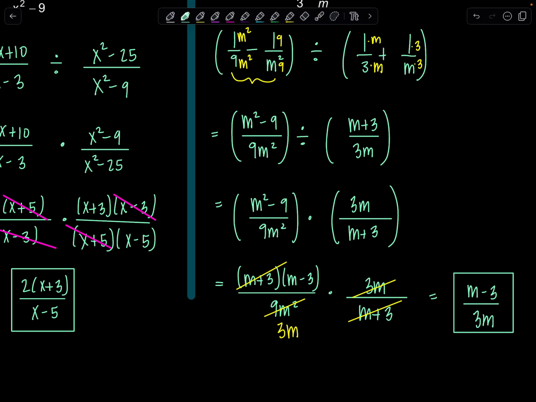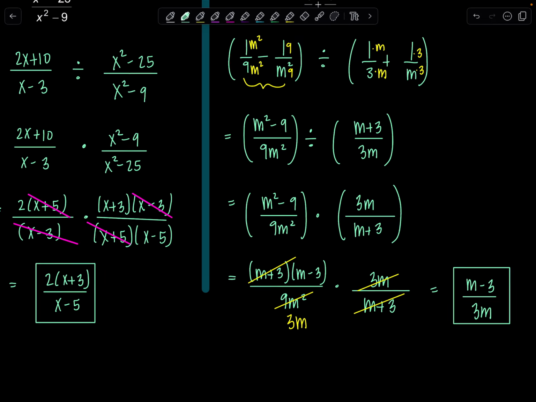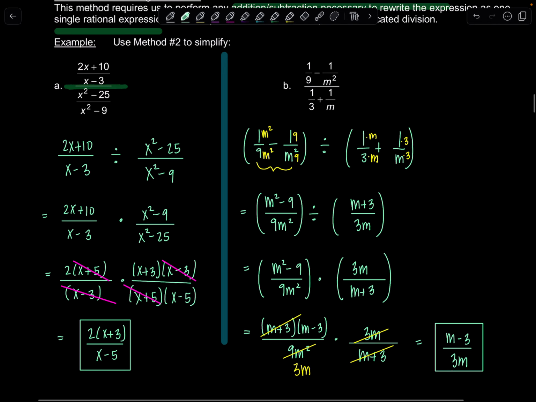Okay, so here's the big takeaway. This method is only more helpful when you don't have addition or subtraction in the numerator or denominator. You see how here we had multiple terms being subtracted, multiple terms being added. That made me do this whole extra step here of getting a common denominator before I could proceed with the division.